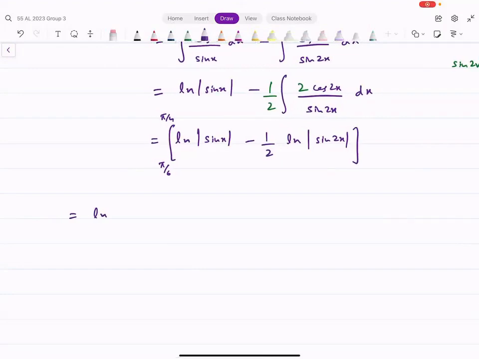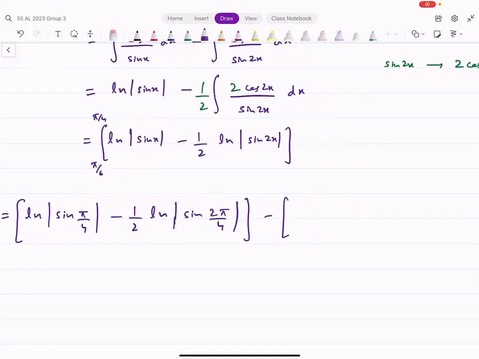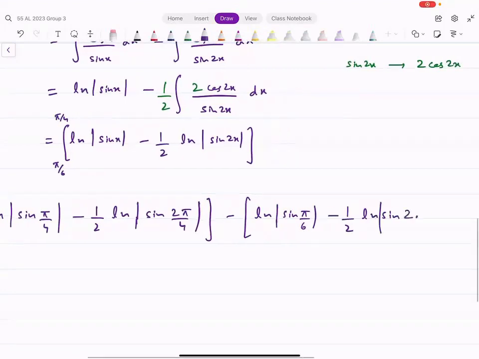अच्छा, ln of sin pi over 4 minus 1 over 2 ln of sin 2 pi over 4। ये आपने pi over 4 input कर दिया। Subtract from this the case when you input pi over 6, that gives you ln of sin pi over 6 minus 1 over 2 ln of sin 2 pi over 6.